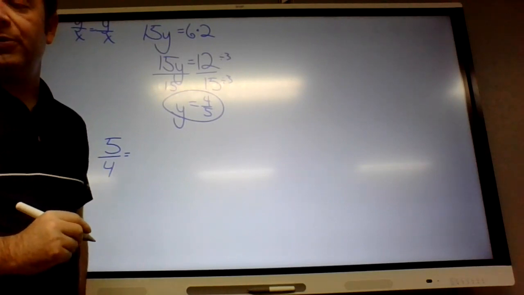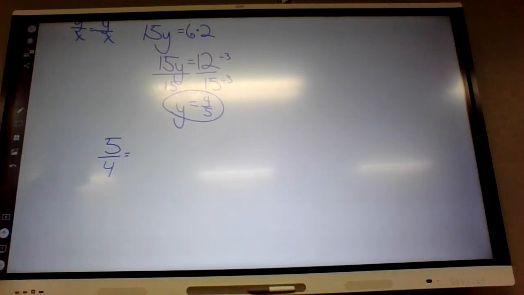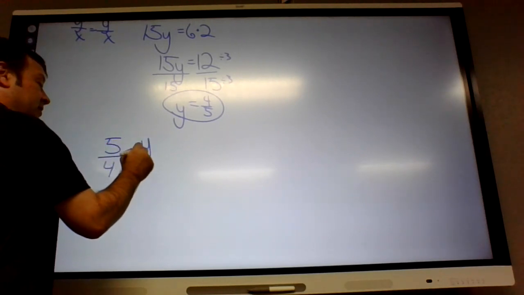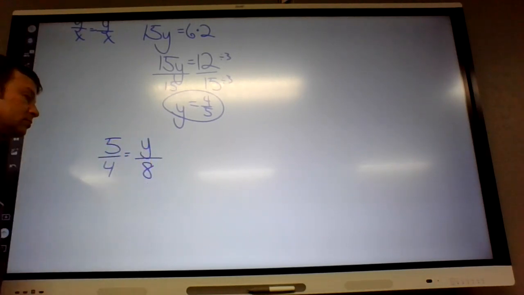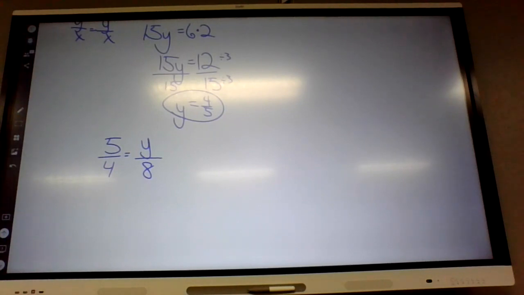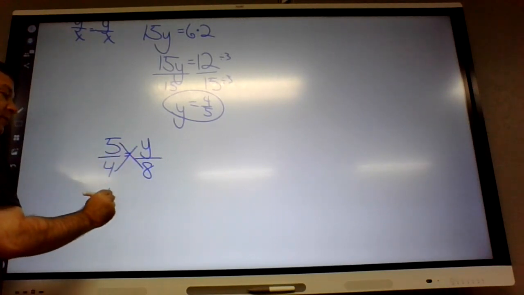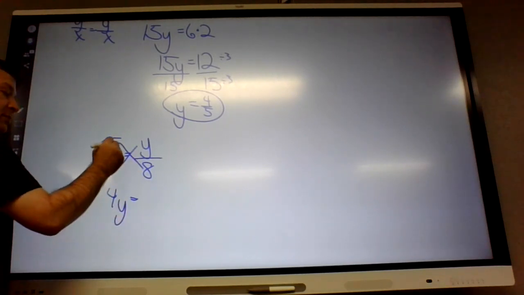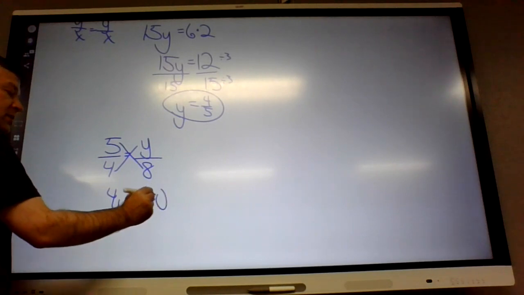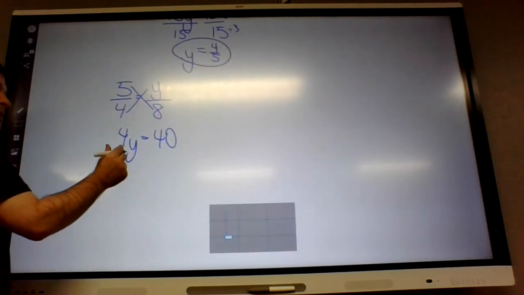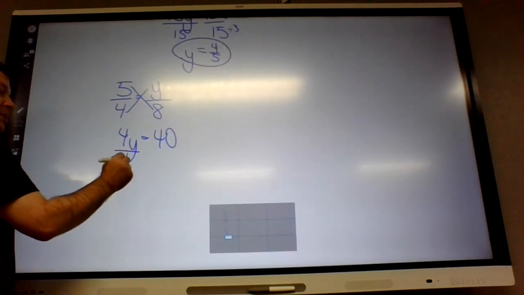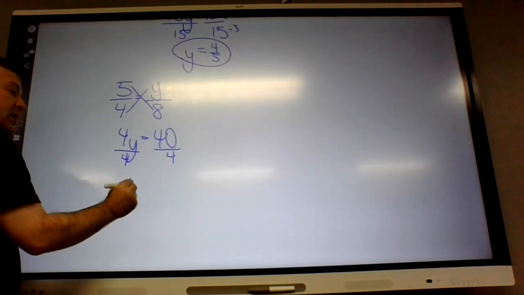If you put 5 on top, since it's the y, you would need to put y on top. Okay, and then cross multiply. So 4y equals 40. This one will come out nice.